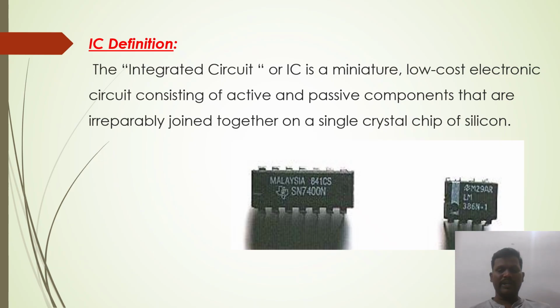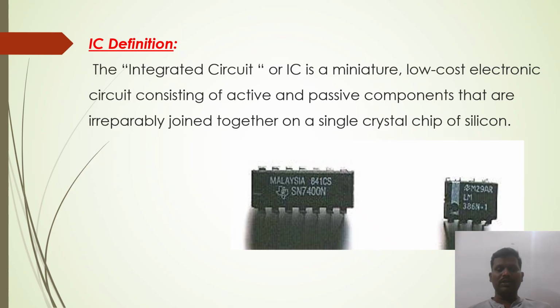These are the two important points you need to memorize. You connect all the active components: diodes, transistors, FETs, MOSFETs, and passive components, which are the RLC components: resistor, capacitor and inductor.